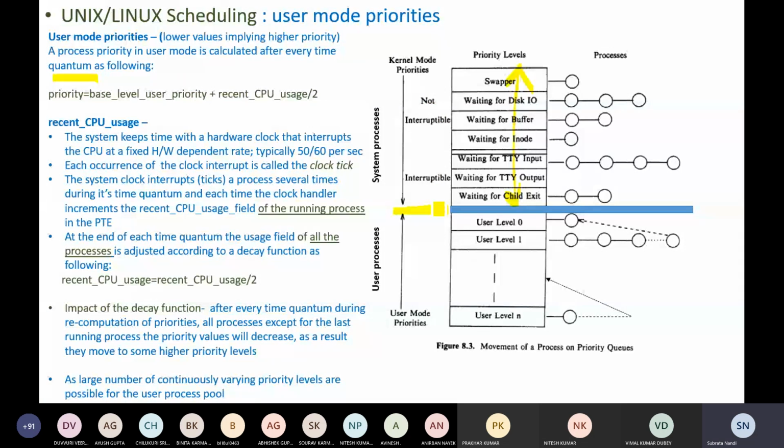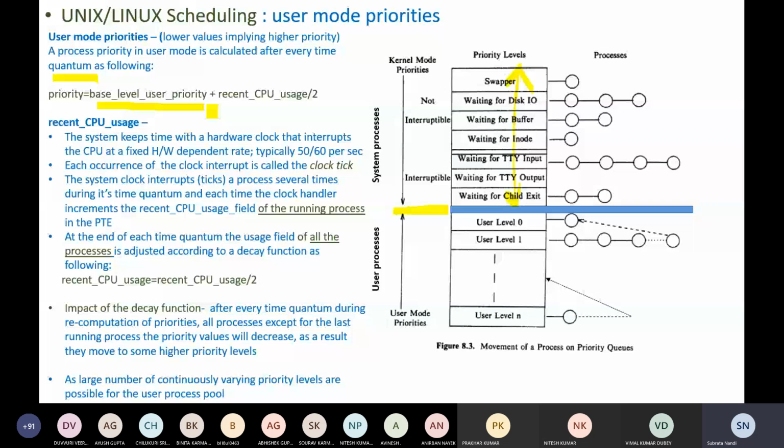The system knows how many kernel mode priorities it is maintaining. If it is maintaining say 40, 60 or 70, then the base level user priority will be 1 plus that value. That enforces that any user level process will enjoy lesser priority than any of the kernel processes.